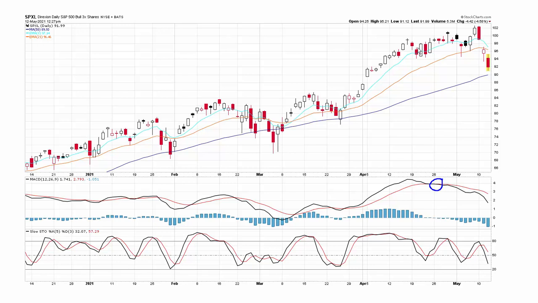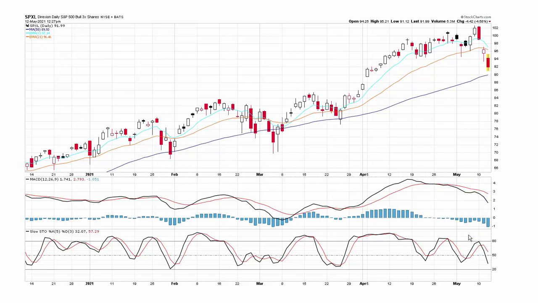Then the S&P moved to a higher high, but on that second move to a higher high, you got a negative divergence here because one, you have a lower high over here, and two, notice how the MACD came up, kissed its signal line, and then moved off it, and at the same time you got a kiss over there, the stochastic had moved up and then cycled back down.